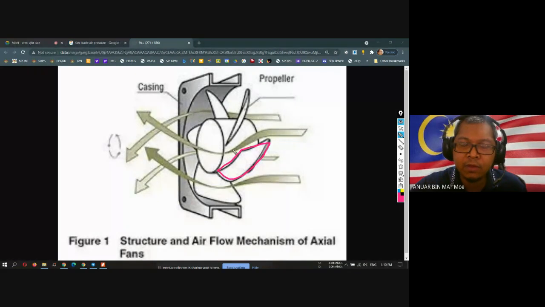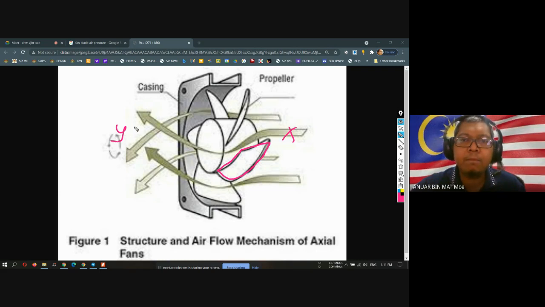The airflow makes the air pressure areas lower and higher. So in area X it has lower pressure, and in area Y we have the higher pressure because of the spinning fan. Because of the shape of the fan, we suck up all the air from X to Y over here.